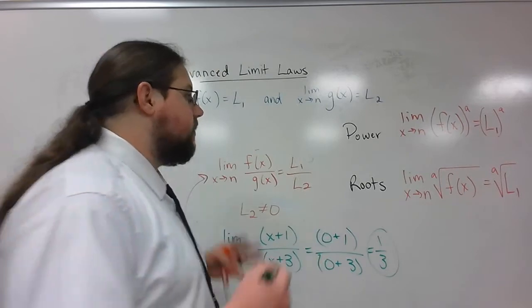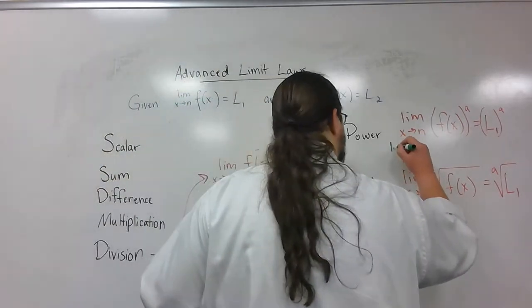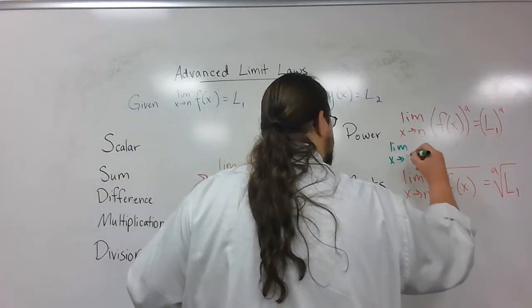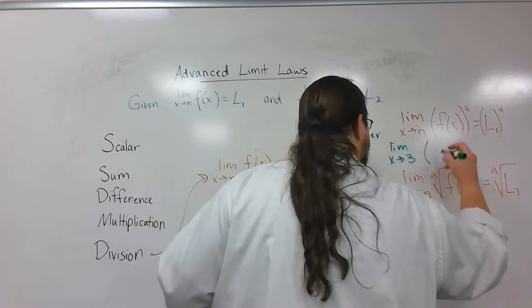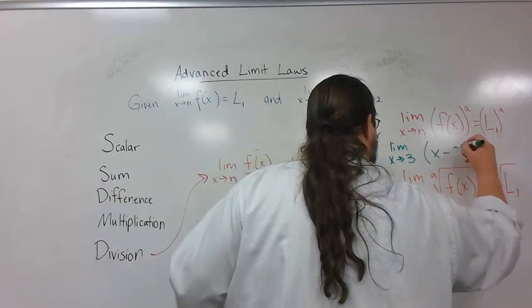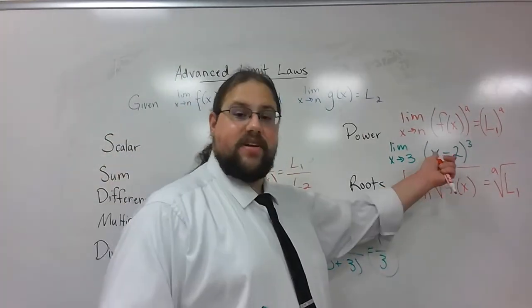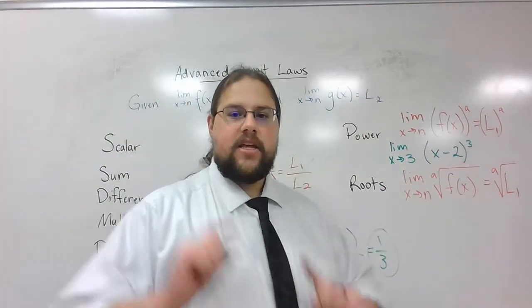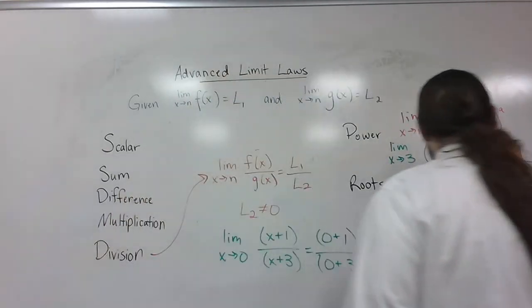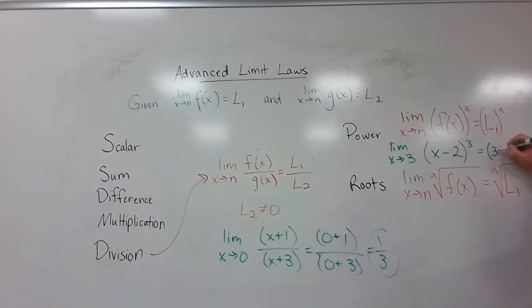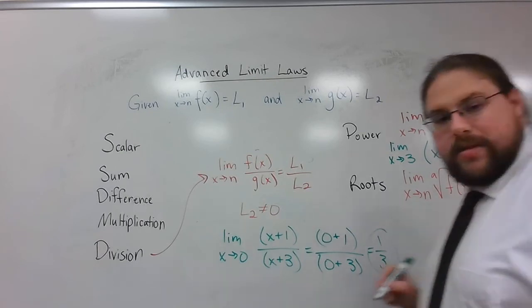I'll do a real quick example of a power. The limit as x approaches, I'll pick 3 this time, of x minus 2 cubed. Well, again, all I got to do is find the limit of the stuff on the inside, then cube it. So 3 minus 2 cubed. 3 minus 2 is 1. Cubed makes 1. So my answer there is 1.